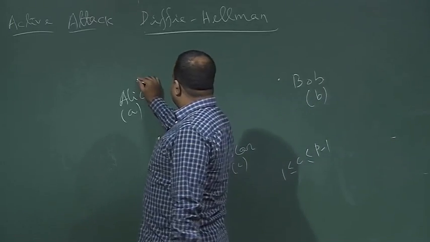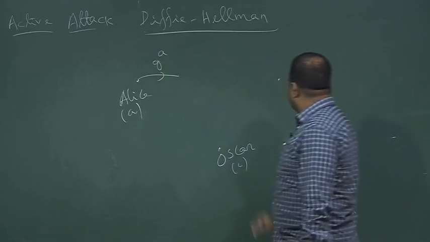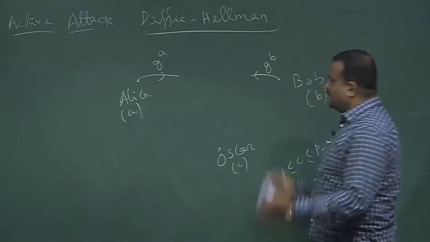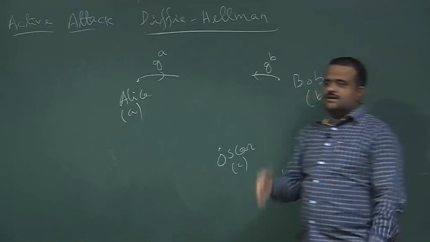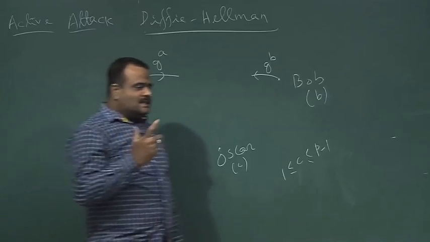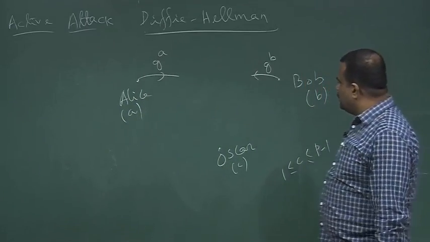Now Alice is sending G to the power A to Bob, and Bob is sending G to the power B to Alice. They are broadcasting, putting these values into the public channel, but this channel is totally captured by the third party, Oscar. So what will Oscar do?